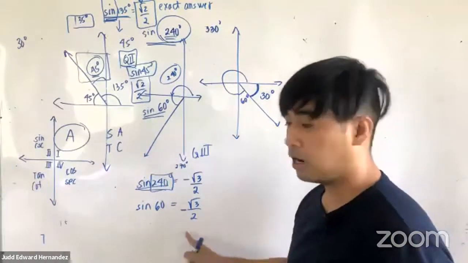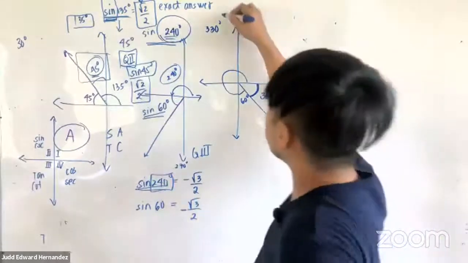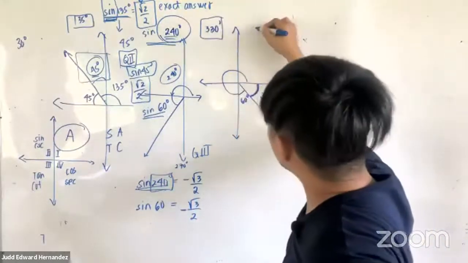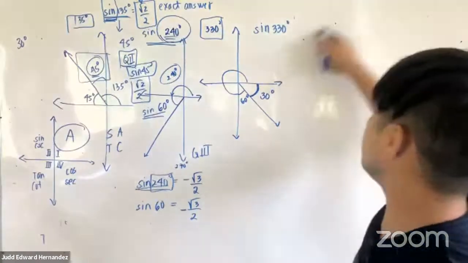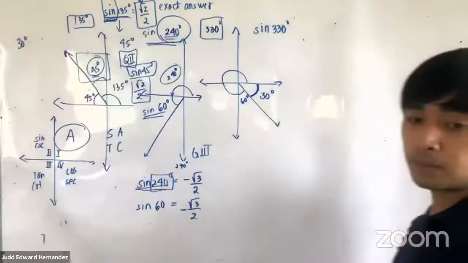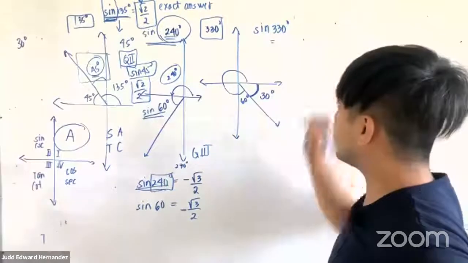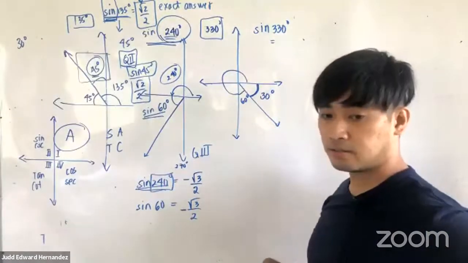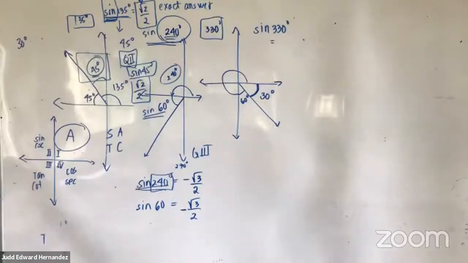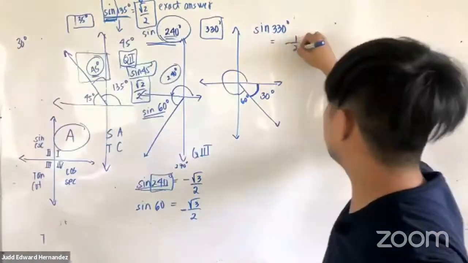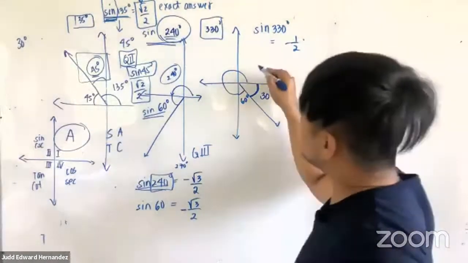Opo. Okay. Balik tayo ngayon dito sa 330 degrees. Gusto ko kuhanin nyo si sine 330 degrees. Okay. What is the answer for sine 330 degrees? Negative 1/2. Okay? So, check po natin.